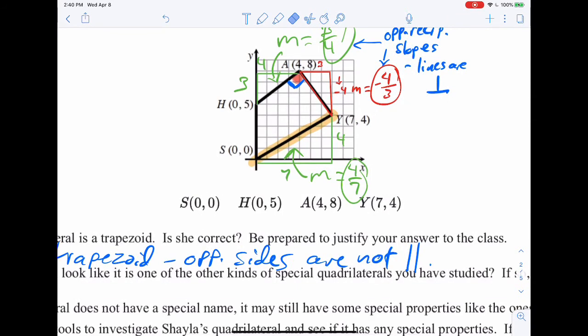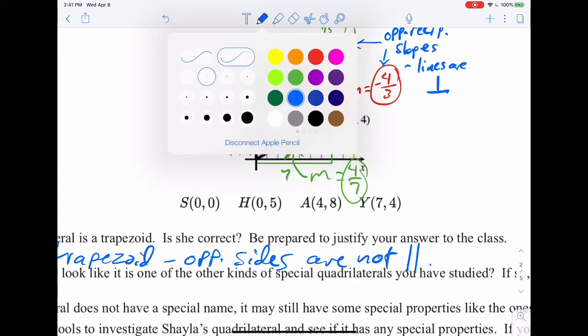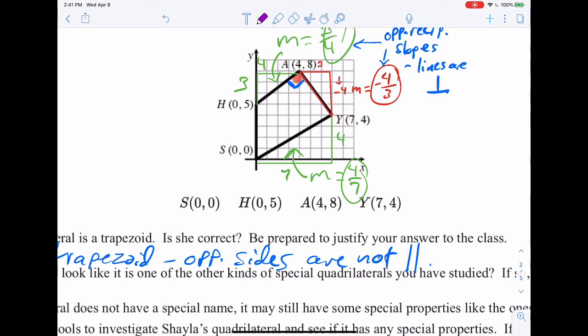It's pretty clear that this side isn't congruent to any of the others. But what about the other three sides? Well, we know that this side here has a length of 5 because it simply goes up 5 units on the y-axis. Well, what about this side?